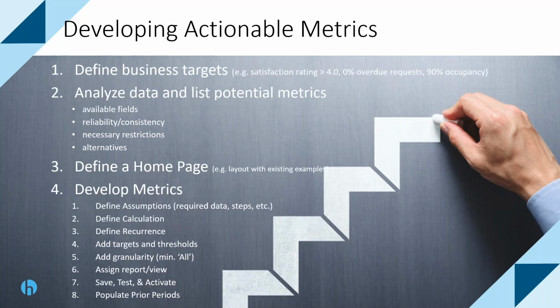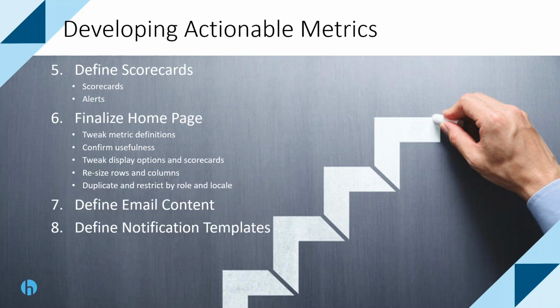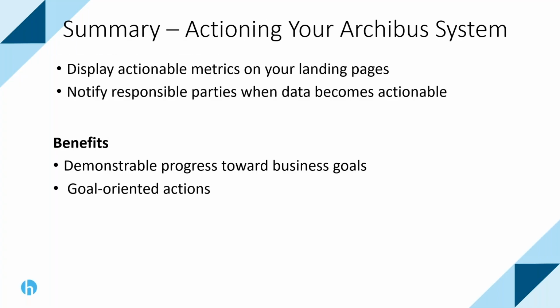But just to review, the most important part of this is making sure you define what your targets are, understand and be very clear on your targets, analyze your data to see how you can use them to reach those targets and create actions toward those targets. Then it's going to be much easier to define a home page, develop the metrics that will help you take an action, define the scorecards to use that page, finalize the page, and define your email content notifications.